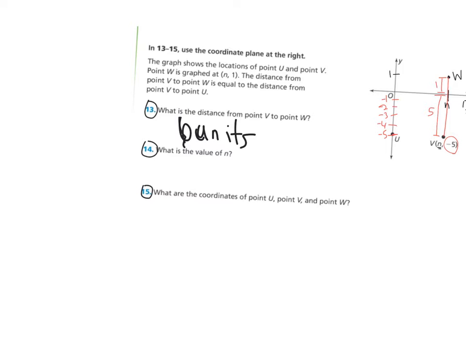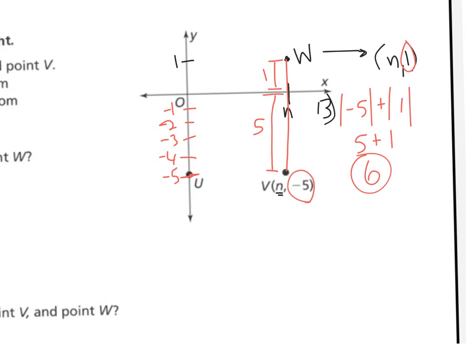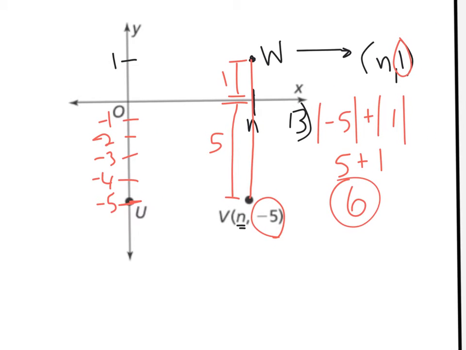Number 14 says, what is the value of n? That's if we know V to W is the same as V to U. So if that's 6 units, and they're saying this is also 6 units. One more thing we could do here would be to actually label the coordinates of point U. They didn't do that.